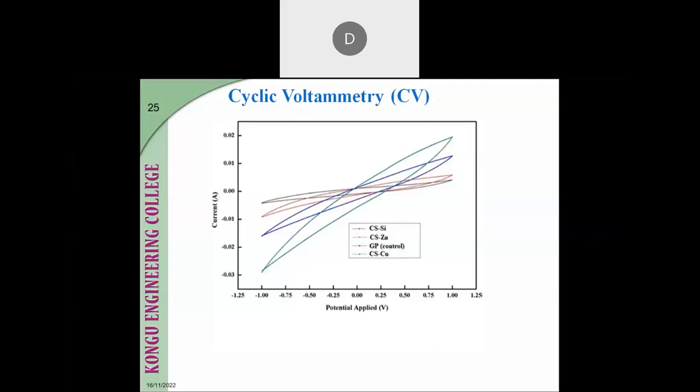Here one thing we can say is that the modified biochar electrodes provided the maximum output when compared with the control electrodes, that is, the graphene electrodes. As a result, the upgraded biochar electrodes performed better in terms of electron transport.